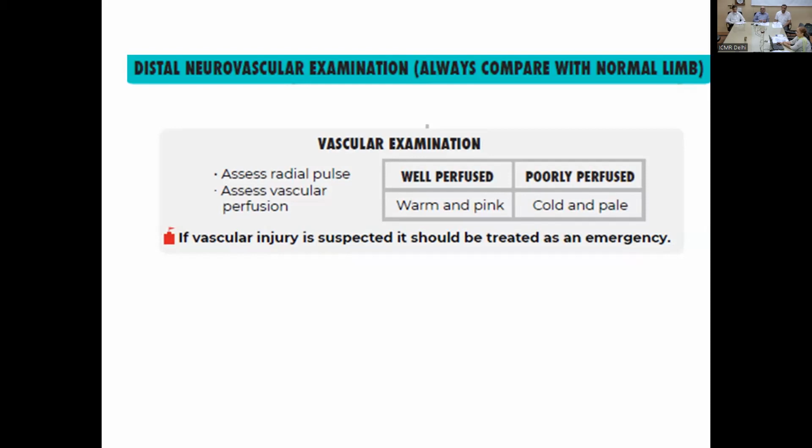In a well perfused limb, we will see that it is warm and pink. While if it is poorly perfused, when you press on the nail bed and then leave it, it will be cold and pale. If we suspect a vascular injury, then it is an emergency and the child must be referred to a higher center where vascular care can be done.